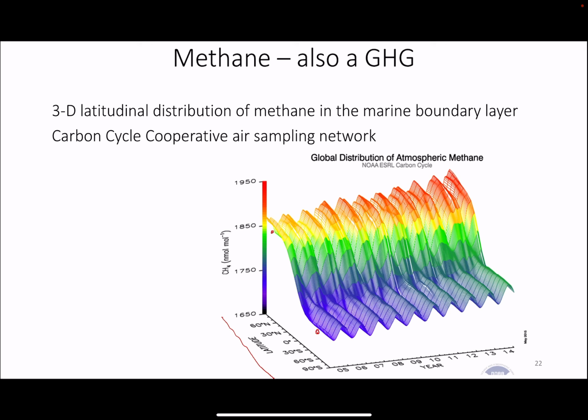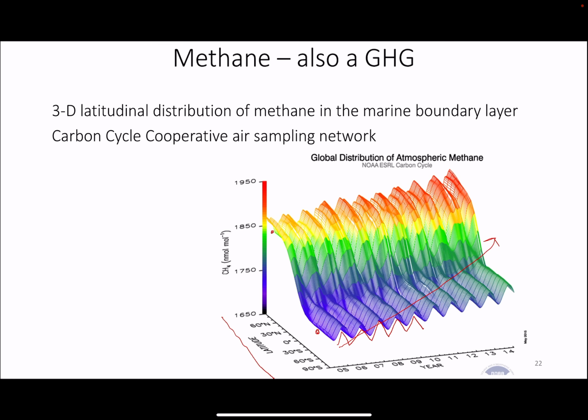And then you're looking at this over time going this direction. And you can see it's going up over time because it's a greenhouse gas and those concentrations are increasing. So this is kind of a cool way to look at the hemisphere. But you also see there's a seasonality to methane. And that's because it's linked to biological activity.